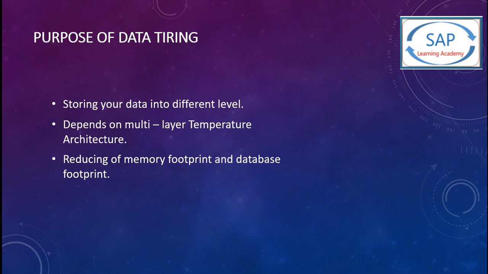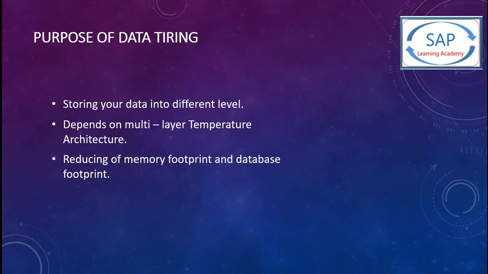The first point I have written in the slide is storing your data at different levels, because we don't need to keep all the data in the same place, which would need a huge database. The second point is the multi-layer temperature architecture.